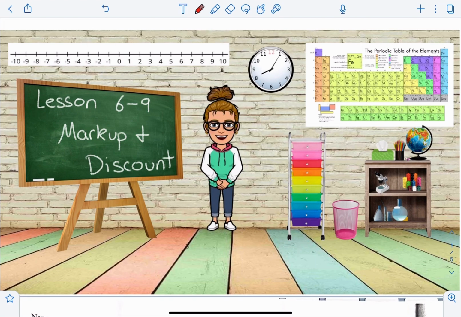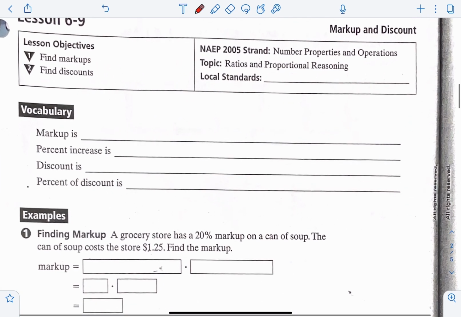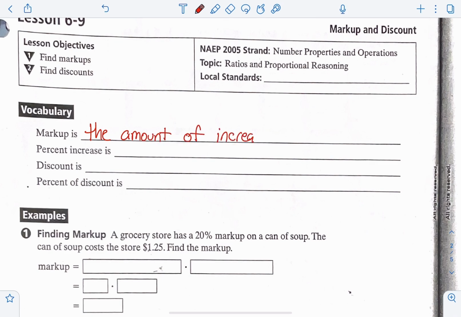For this video, we'll be doing lesson 6-9, where we look at markup and discount. So, a markup is the amount of increase in price. That's going to be shown in dollar symbols.